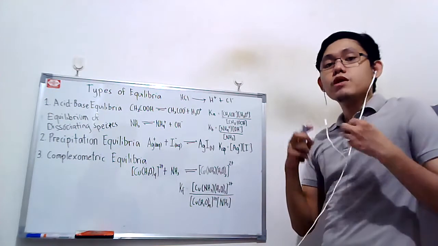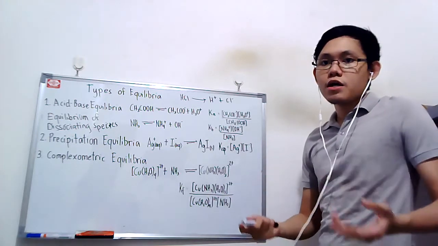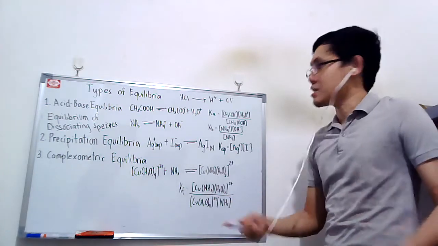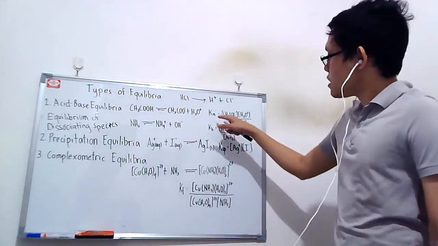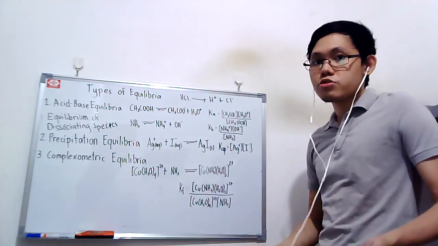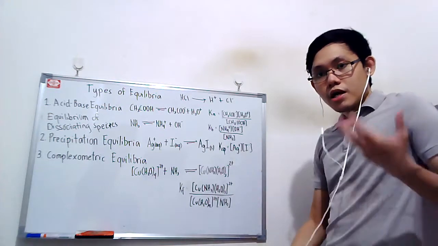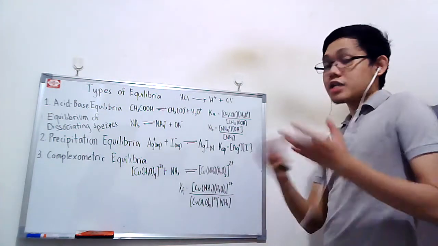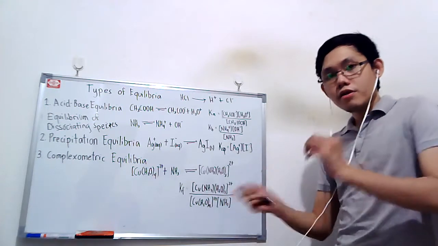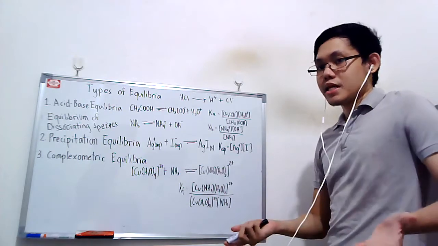So I will expound on this on the following week with the lectures on acids and bases. And then, yung Kb naman, Kb stands for base dissociation constant. Ganun din yung kanyang rationale. Same lang siya sa acid dissociation constant, pero itong Kb ay related naman siya sa bases.